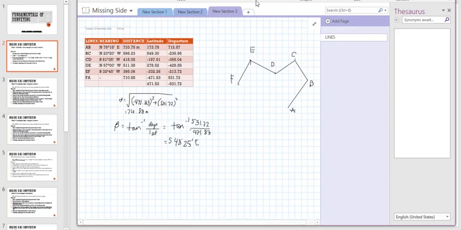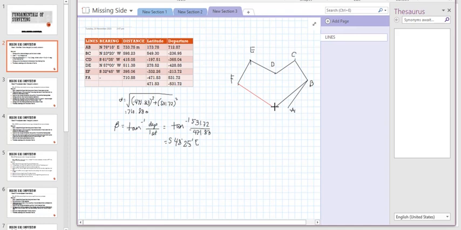So let's assume it is southeast, so it should be here, with 710.88.